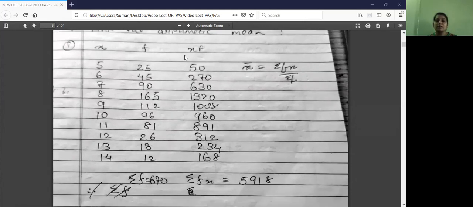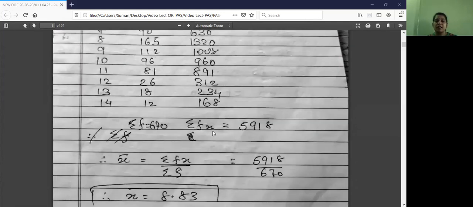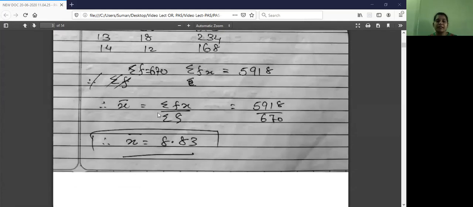So this column is our fx column. Then we sum all these values; this is called summation fx. So summation fx is 5918. What is the formula of the arithmetic mean? The formula is x bar equal to summation fx upon summation f.